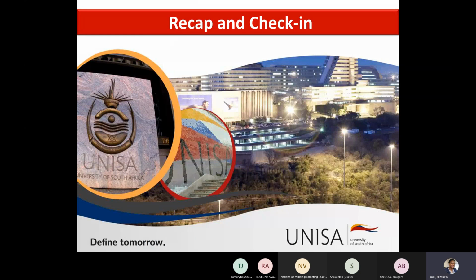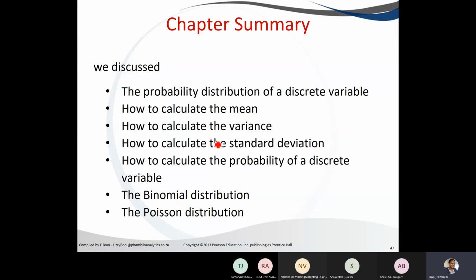Just to recap, since we did a lot of things, we discussed the probability distribution of a discrete variable. We looked at how we calculate the mean, the variance, and the standard deviation of the discrete probability, and how we calculate the probability of a discrete variable.